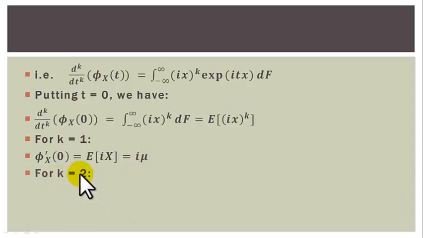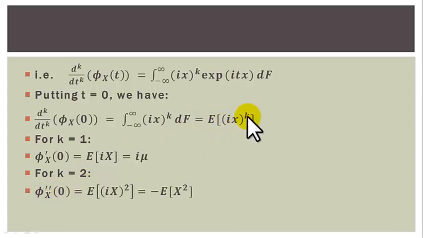And for k equals 2, we are finding the second derivative at t equals 0. When you put k equals 2 here, this will give us the expectation of (iX)². But i squared is minus 1, so you can bring it outside the expectation sign to give us minus 1 times the expected value of X squared.